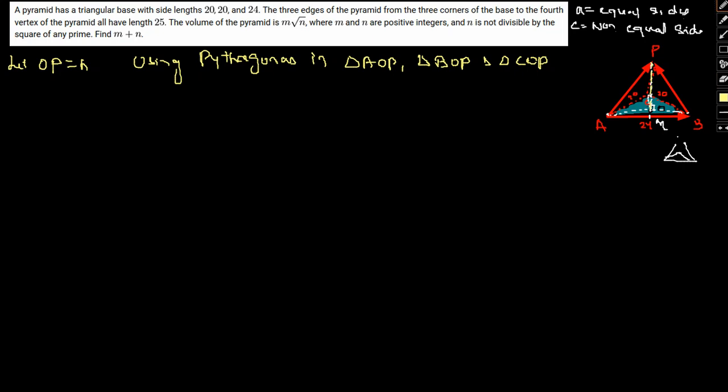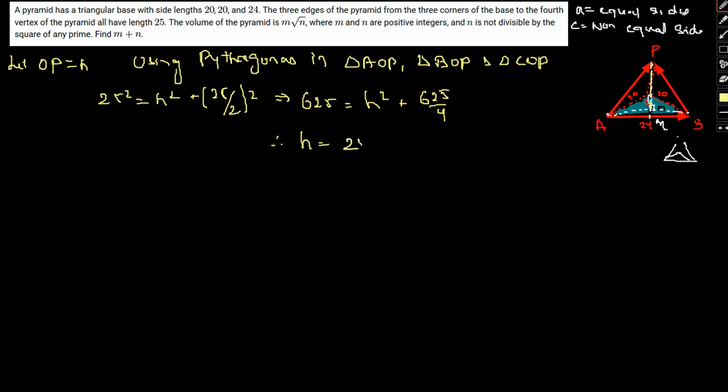We have 25 square equal to h square plus 25 by 2 whole square, which gives 625 equal to h square plus 625 by 4. So therefore h will be given by 25 root 3 by 2.